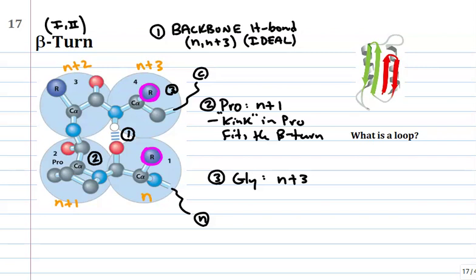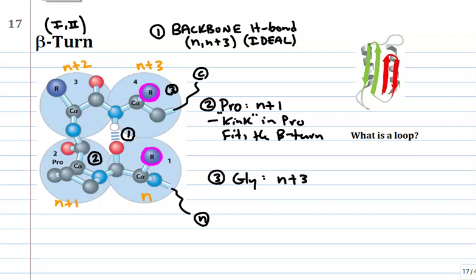It may not look like it in this image, but those R groups are kind of projected toward one another. So you need one of these positions, and it's usually N+3, to have a really small side chain. That will help stabilize the beta turn. Imagine the R group for N and the R group for N+3 being, even alanine would be somewhat problematic. What if it was 2 valines? That would disrupt the beta turn. That would be a very big problem.